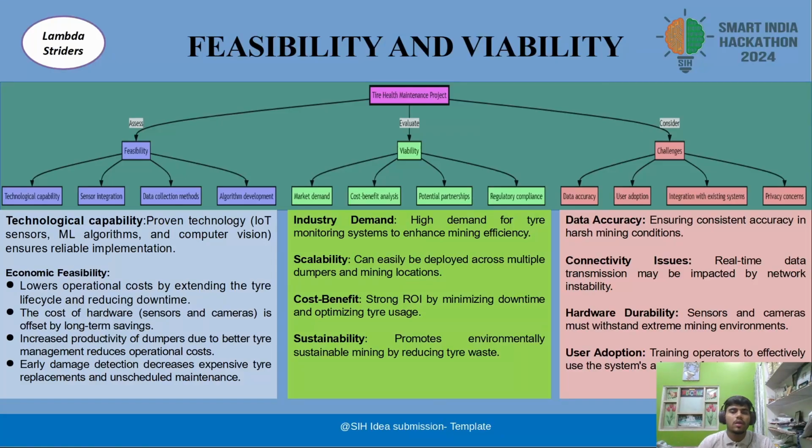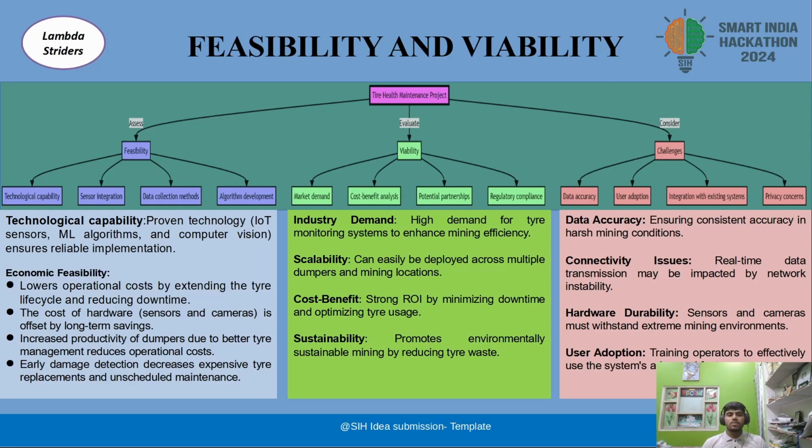So let's move on. Let's talk about why this project is feasible and viable. What makes this project technologically feasible is that we are using proven technologies. We are not developing something new. We are using IoT sensors, machine learning algorithms and computer vision, and just putting them all together to cater to this specific problem.